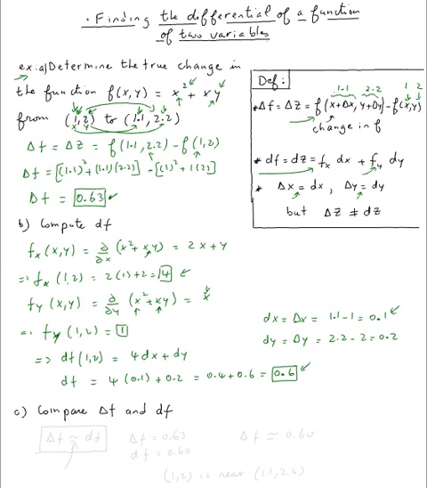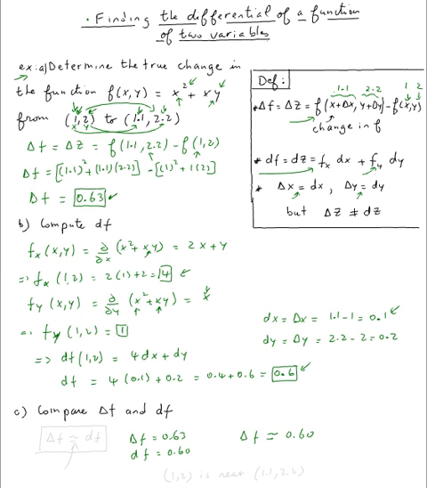So there's a difference. To compare them, delta f we said is 0.63, df is 0.60. So they're almost equal.